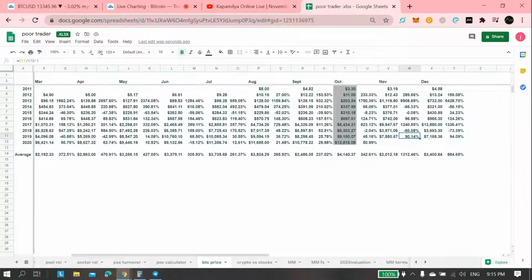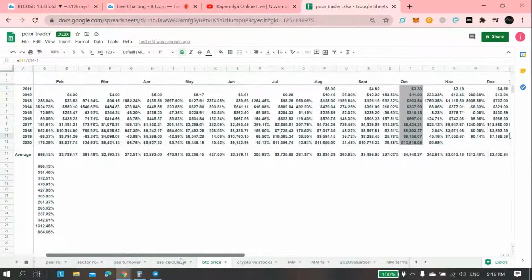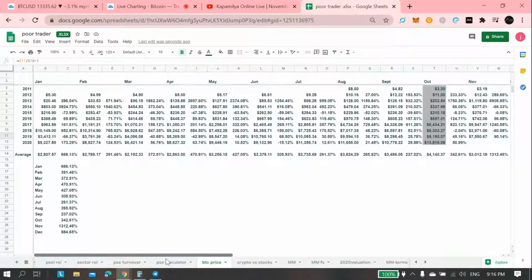For this month, actually I'm expecting at least also close to this, or about 90% growth, and possibly the same next month, December. If you look at the summary, actually November, December, and January are the ones with the highest returns based on the average.